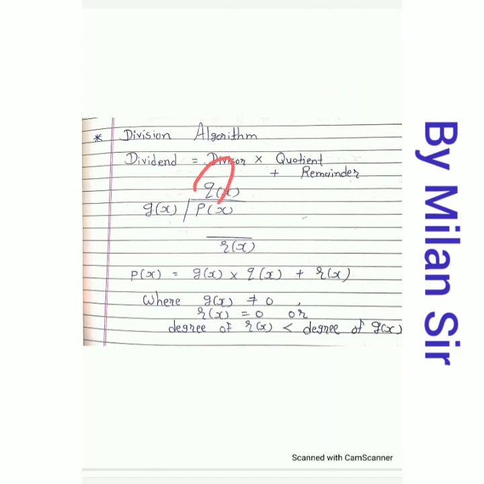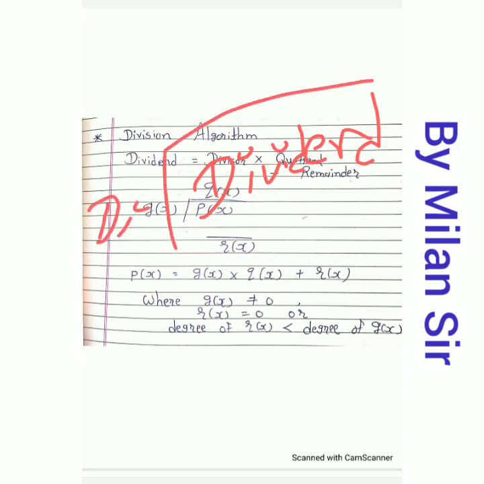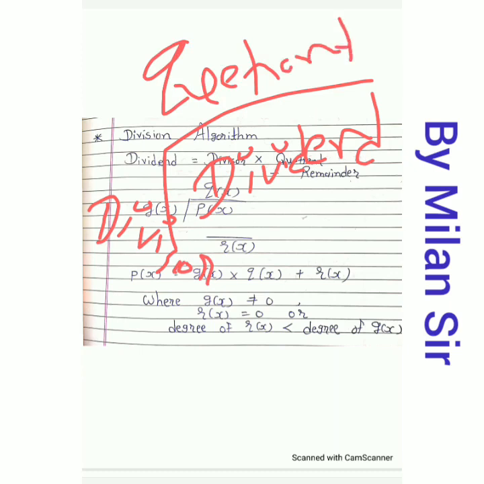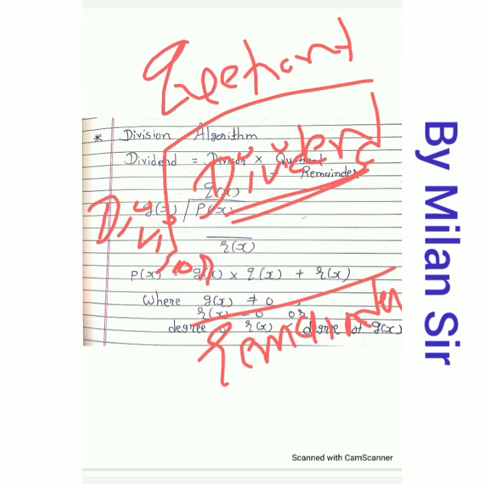That means our dividend is here, it is divided by the divisor. The answer is called the quotient and the remainder. Okay, total 4 things are there: dividend, divisor, quotient and remainder.